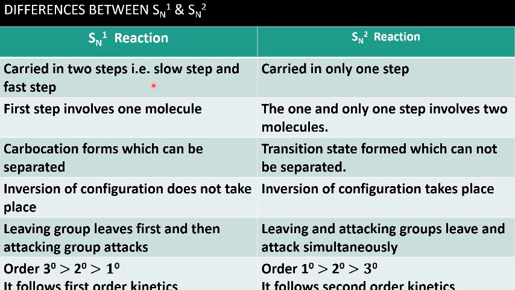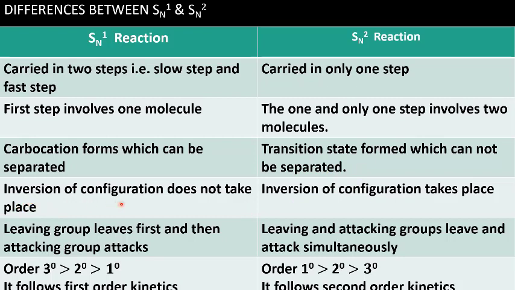SN1 is carried out in two steps, the slow step and the fast step, whereas in SN2 there is only one step. In SN1 the first step involves one molecule, whereas in SN2 the one and only step involves two molecules. In SN1, a carbocation forms which can be separated. In SN2, a transition state forms which cannot be separated.